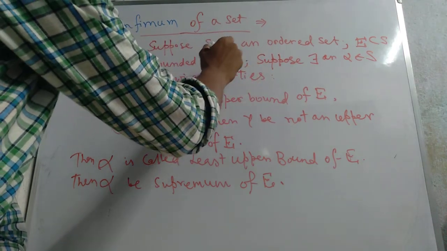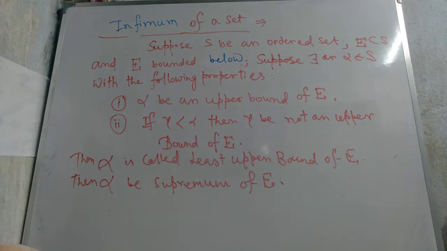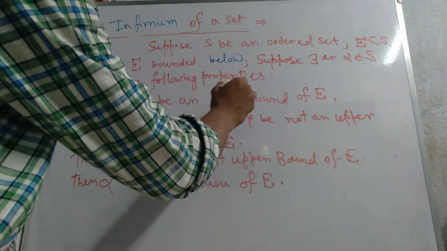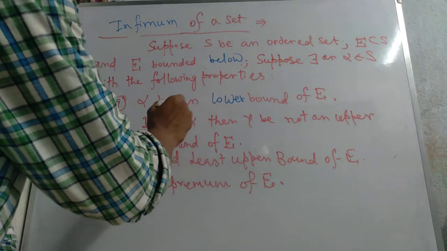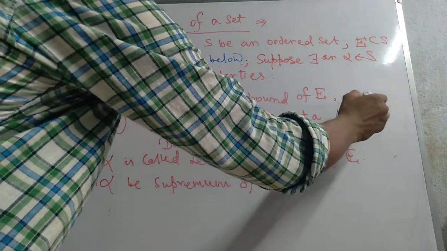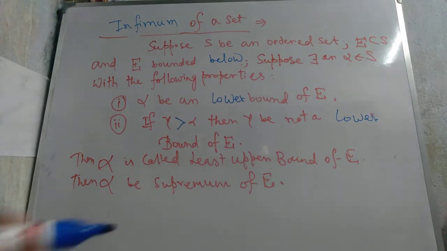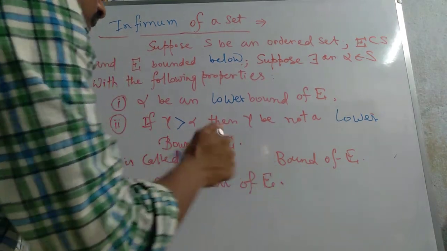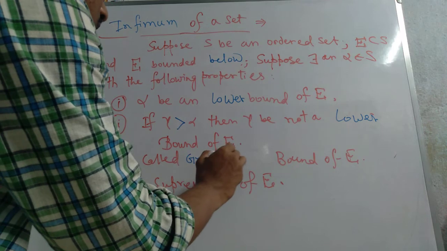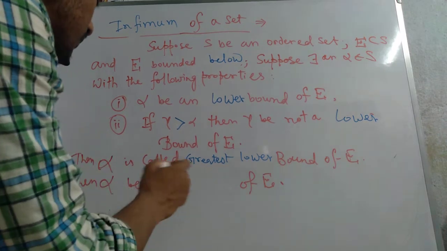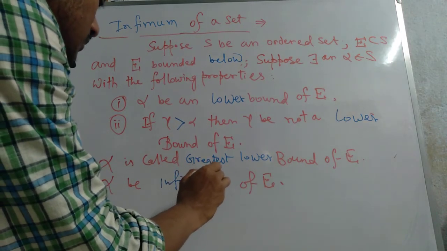Then there exists alpha belonging to S with the following properties: alpha is a lower bound of E, and if gamma is greater than alpha, then gamma is not a lower bound of E. Then this alpha is called the greatest lower bound of E, the infimum of E.